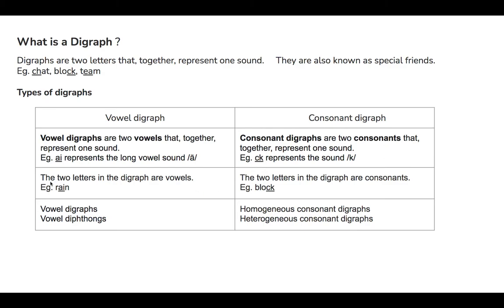So that means in a vowel digraph, the two letters are vowels, and in a consonant digraph, the two letters are consonants. We would be discussing digraphs and diphthongs under vowel digraphs, and a consonant digraph can be a homogeneous consonant digraph or a heterogeneous consonant digraph.